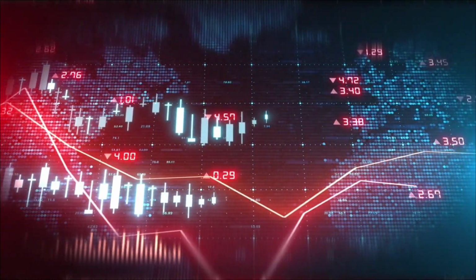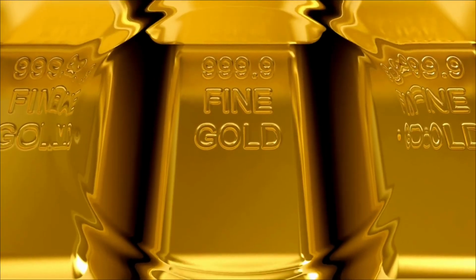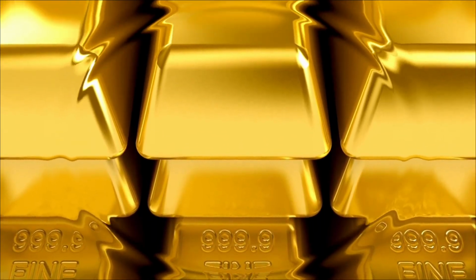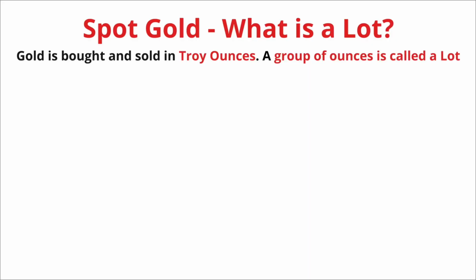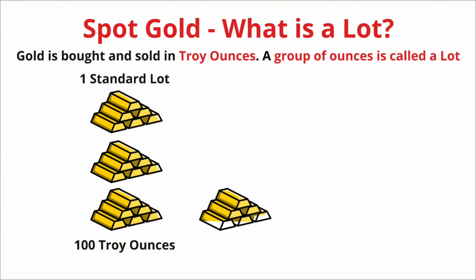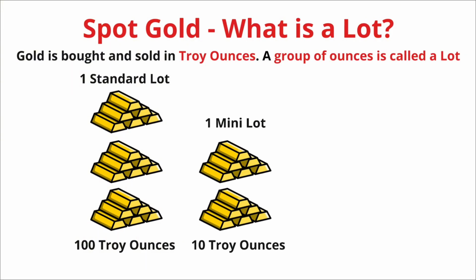Now that we understand how to read a pip, we can explain what is meant by the term lot. Spot gold and silver are bought and sold in troy ounces. To simplify this, many traders talk in terms of lots. For spot gold, a standard lot is equal to 100 troy ounces, a mini lot is equal to 10 troy ounces, and a micro lot equals 1 troy ounce.